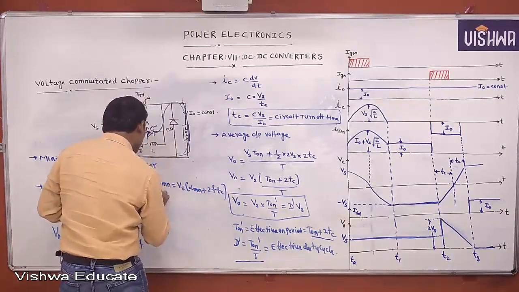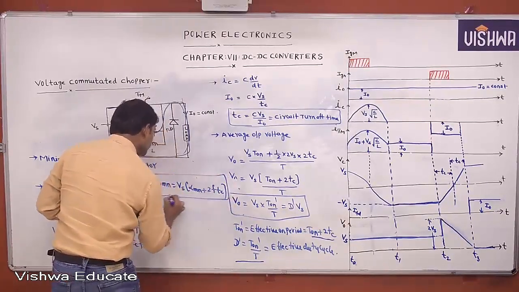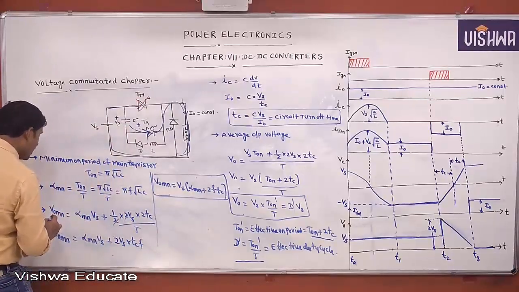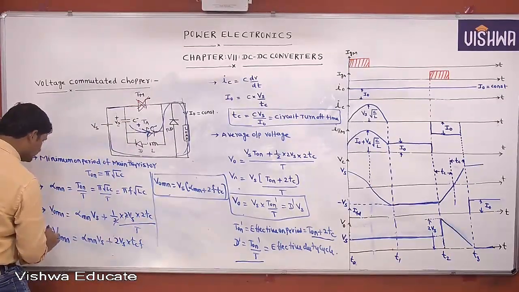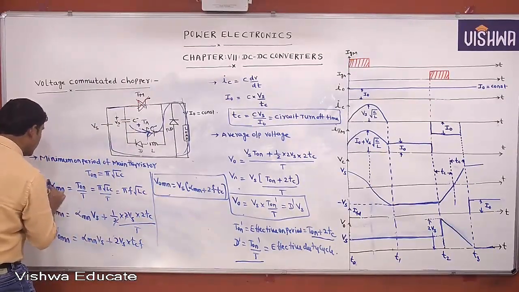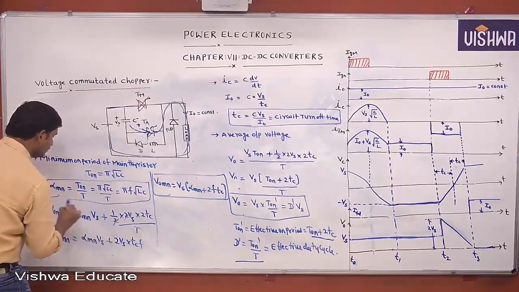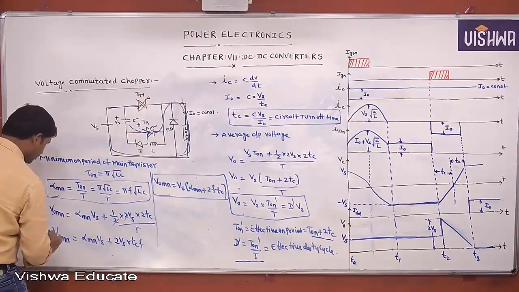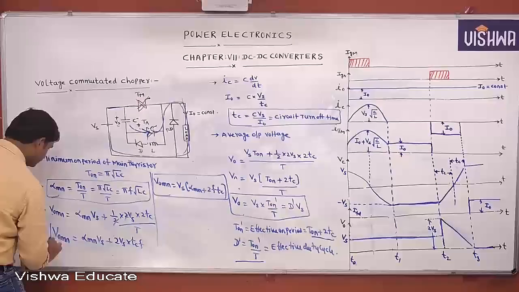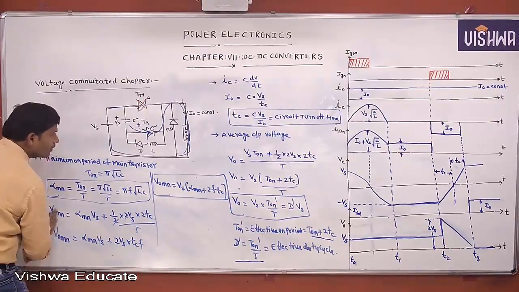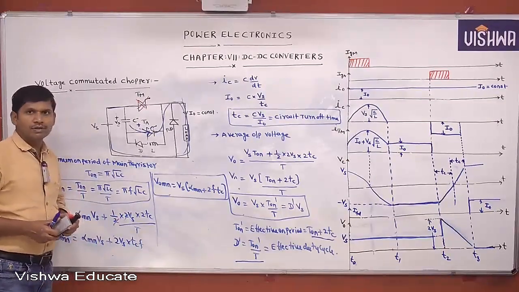This is the minimum output voltage. But simply remember, the minimum output voltage is this one. This is the minimum duty cycle. This you remember.